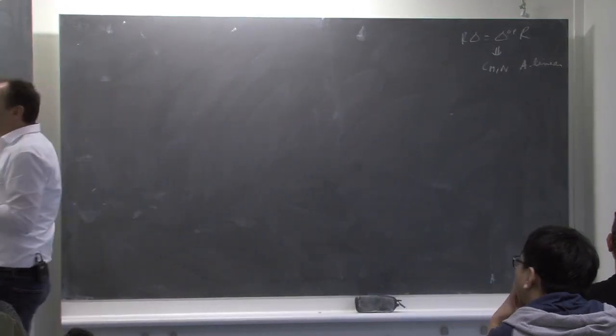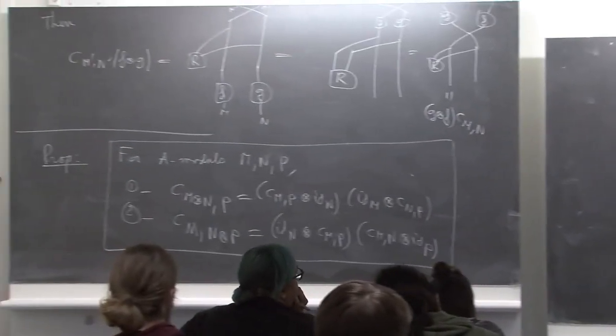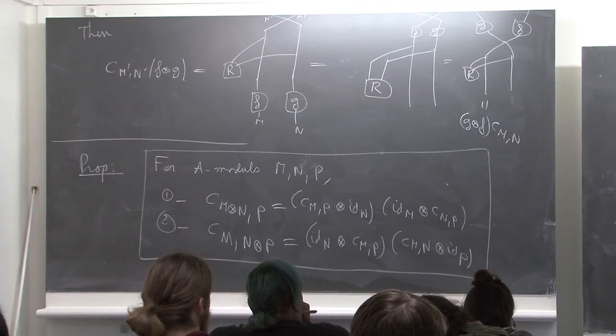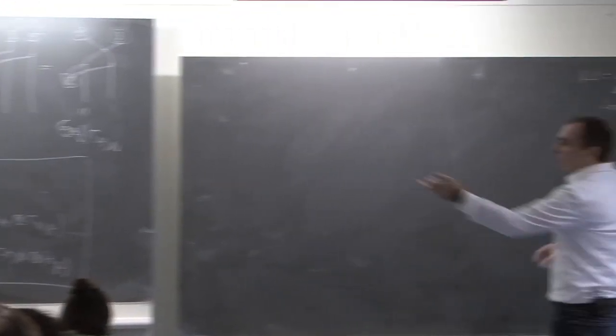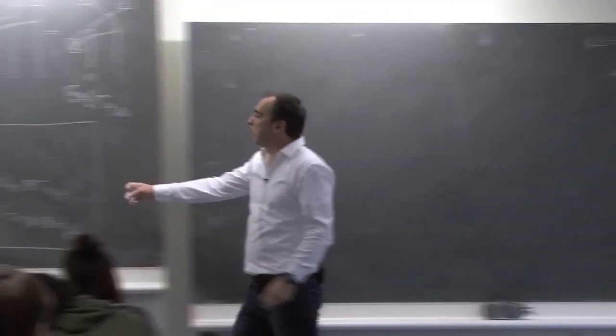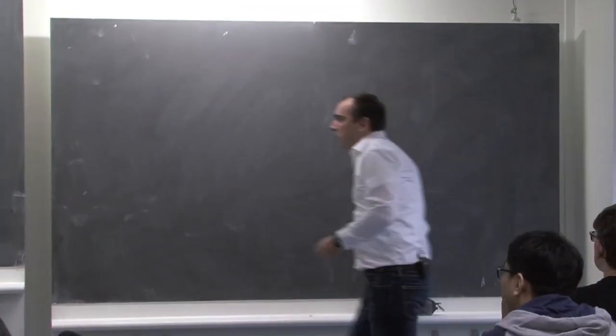For the invertibility of the R matrix, we use that epsilon tensor identity of R is the unit. And now for this property we use the last two axioms. Okay, so let us prove, for example, the first one.